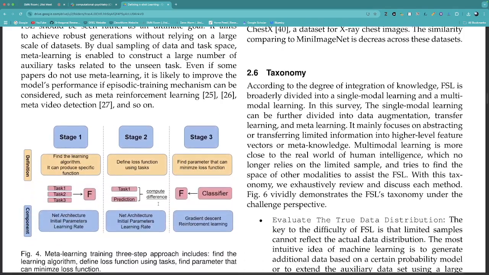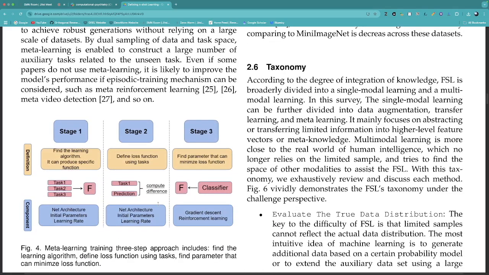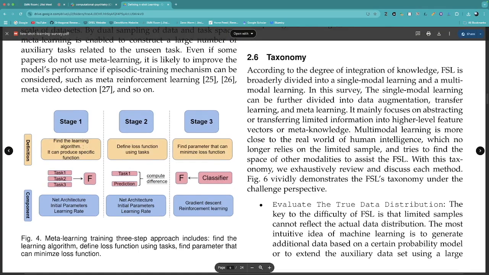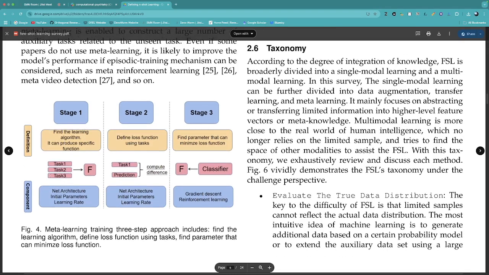And it involves 3 steps. Stage 1 is where you find the learning algorithm and see if it can produce a specific function. So you have these tasks and they should produce a function. And you can use learning rates, initial parameters, and network architectures to derive this function from the tasks.